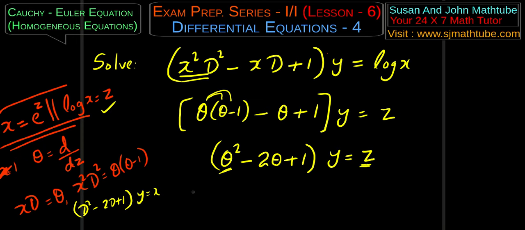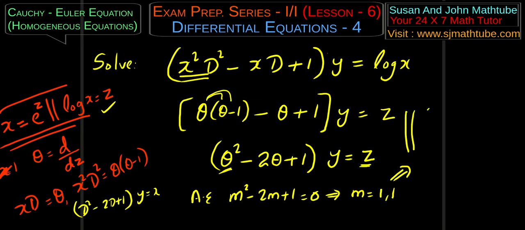So as before, the first step, auxiliary equation. That is m square minus 2m plus 1 equal to 0. M equal to 1 comma 1. And that implies the complementary function is y is equal to c1 plus c2z, into e to the power z. Please be aware of this, it is not x.